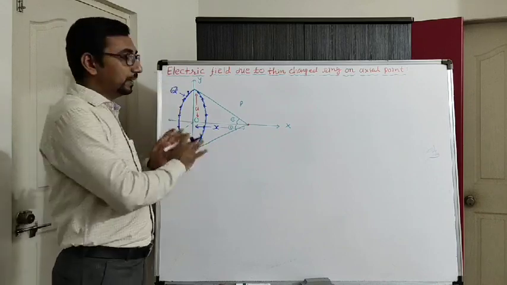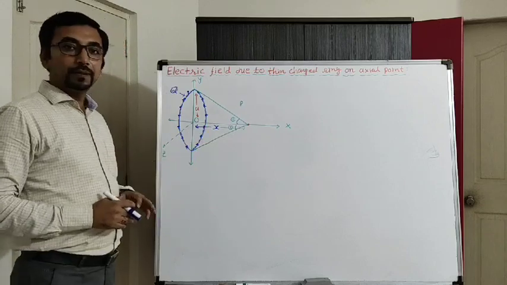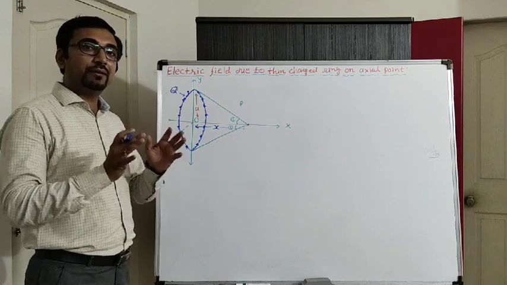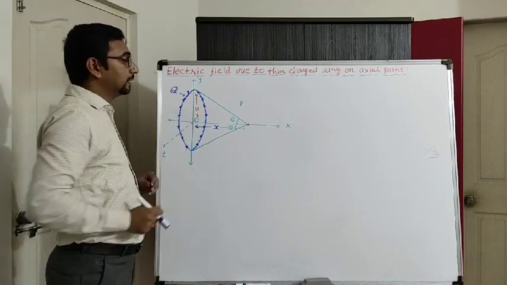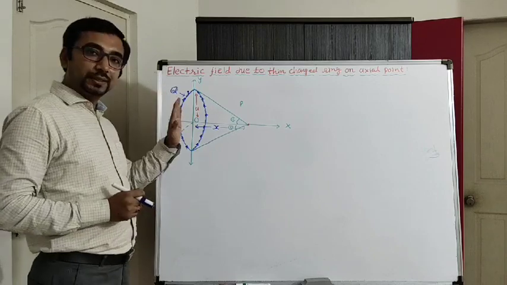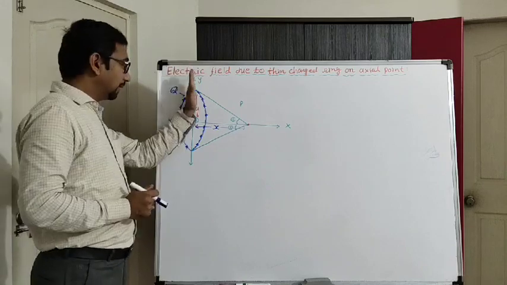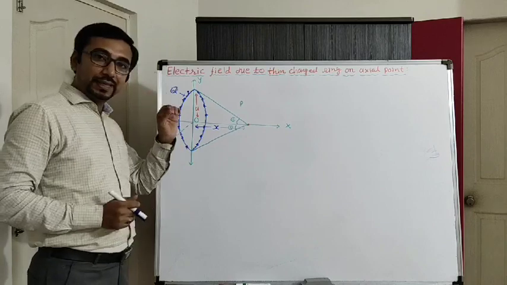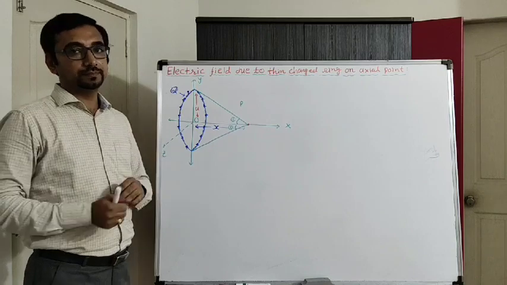charged on its axis. So see here, suppose this is one XYZ coordinate system and we have a ring of uniform charge and radius of that ring is suppose A. We are placing this ring in YZ plane in such a way that its center is at the center of coordinate system.